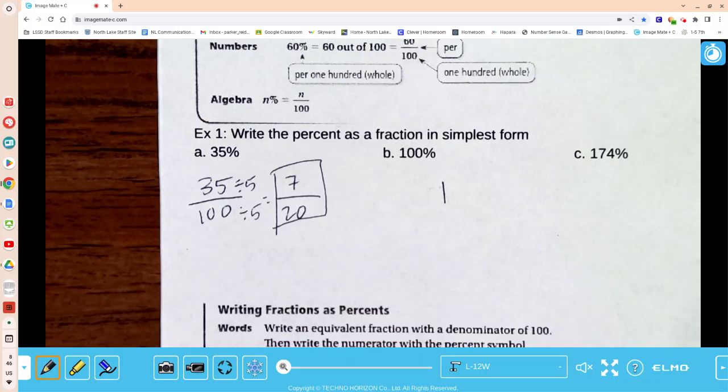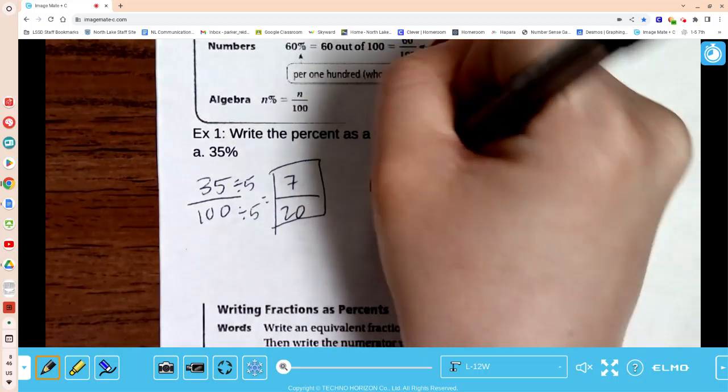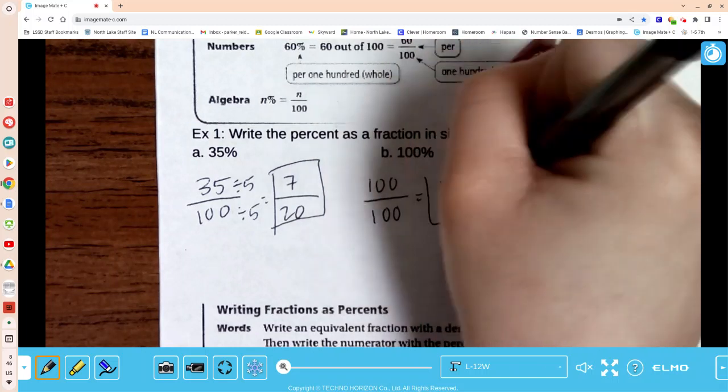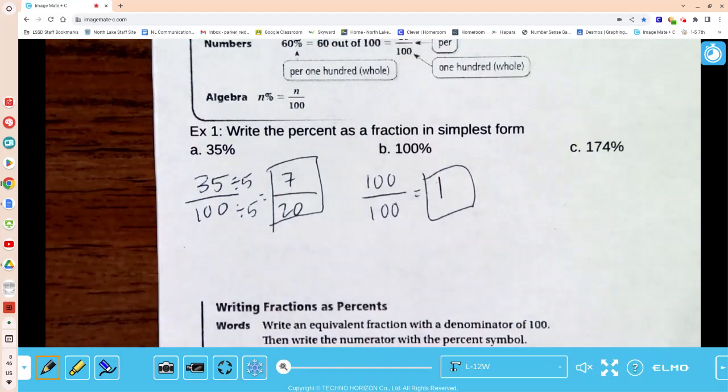Aubrey? Which, like Emma said, does just equal 1, because if I have all the pieces, 100 out of 100, that's 1 whole. If you know that it's 1, you're welcome to jump straight there, but in case you don't see that, start with putting it over 100, 100 over 100, and then simplifying, seeing that it's 1.